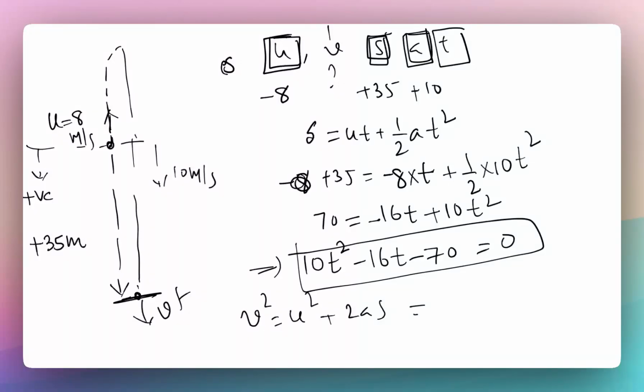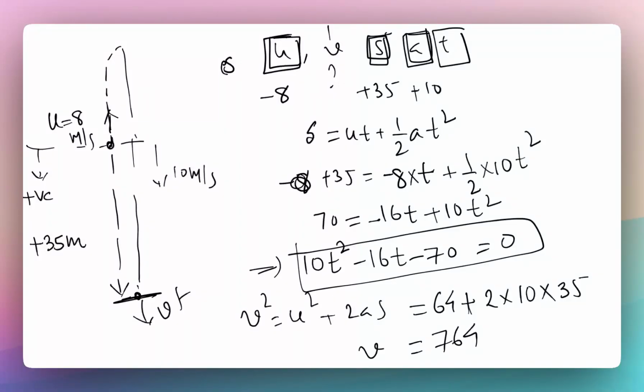So we can simply use v squared is equal to u squared plus 2as. Okay, let's do that. So u squared, minus 8 squared, is 64, plus 2 into a is 10 and s is 35. So we can do this 64 plus 20 into 35. Let's do this, 20 into 35 is 700, plus 64, that will be 764.